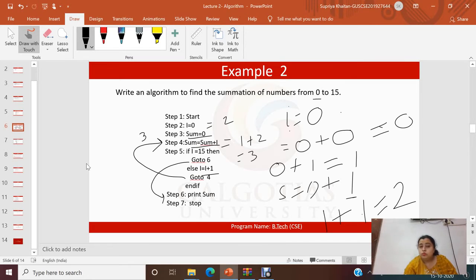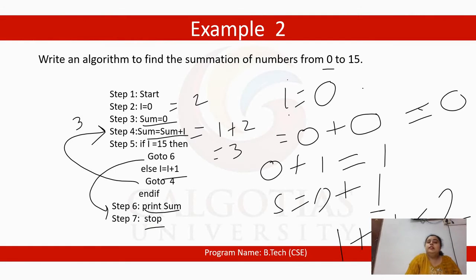I value is 2. We'll keep on doing it till we reach 15. Once we reach 15, we'll print the sum and we'll stop. This is your next algorithm where we find the sum of numbers between 0 and 50.